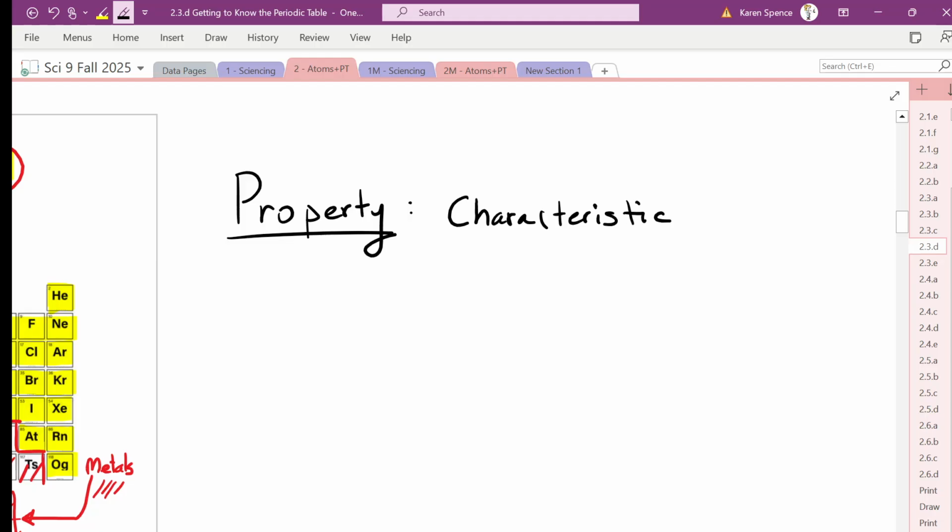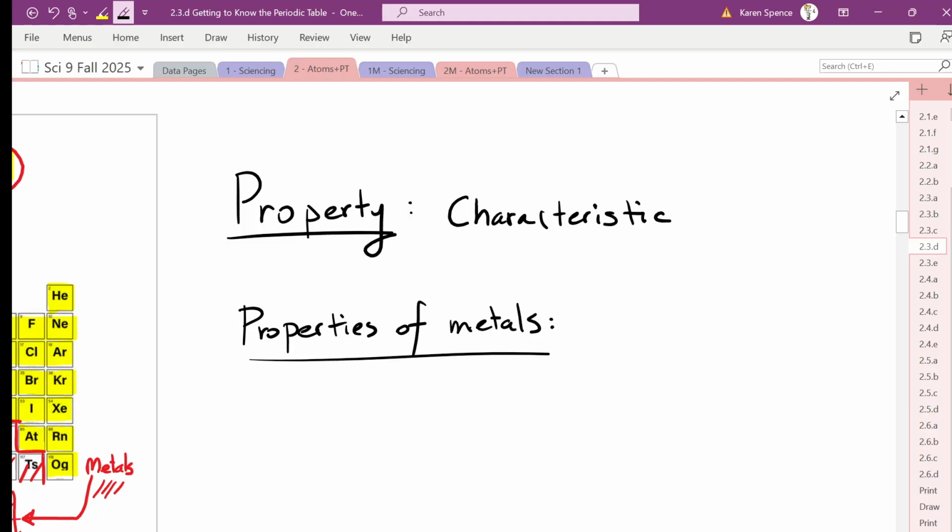Could you please tell your partner some properties of metals? Something that all the metals you looked at had in common. Solid.